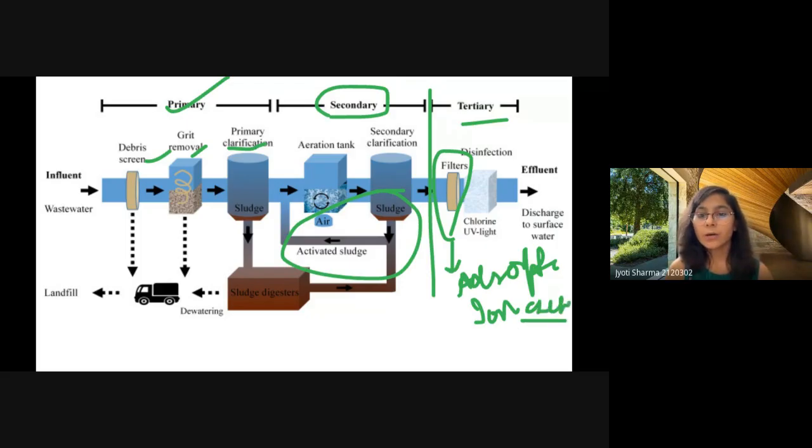So we will talk about adsorptive and ion exchange within that filter. Then we will use some disinfectant, and this is how we will purify the water, and this water will be discharged to the surface water. So right now we will talk about this one.